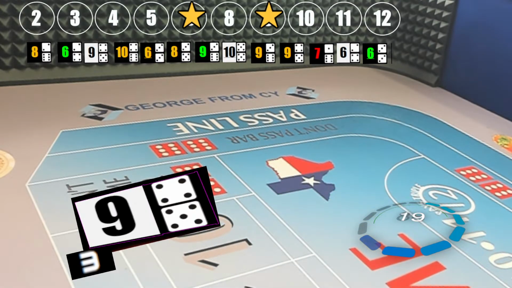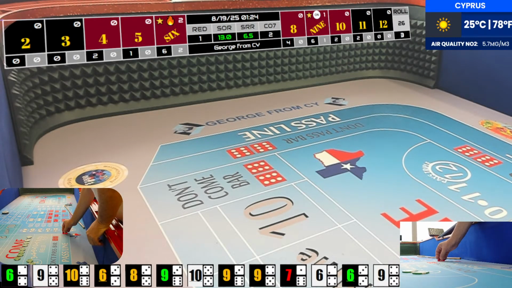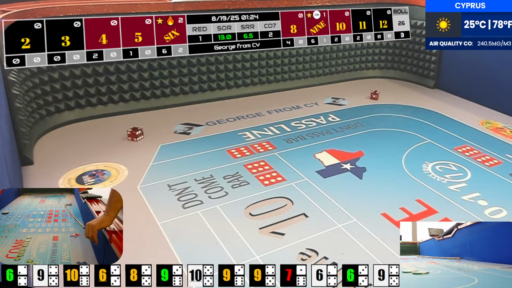Now we start back with the 6s. So it's going to be 6-2, 6-3. Nice. That's a 2-4-6. That's a double pitch.